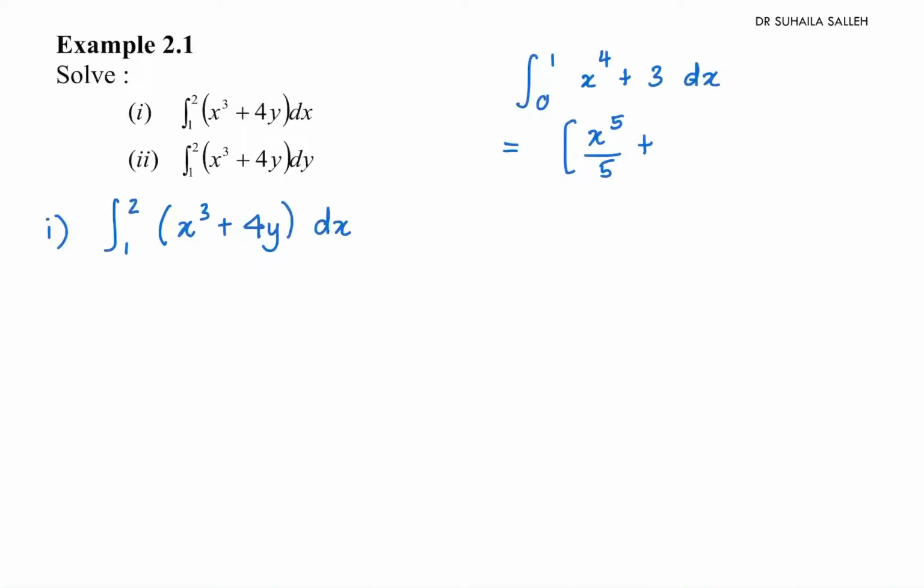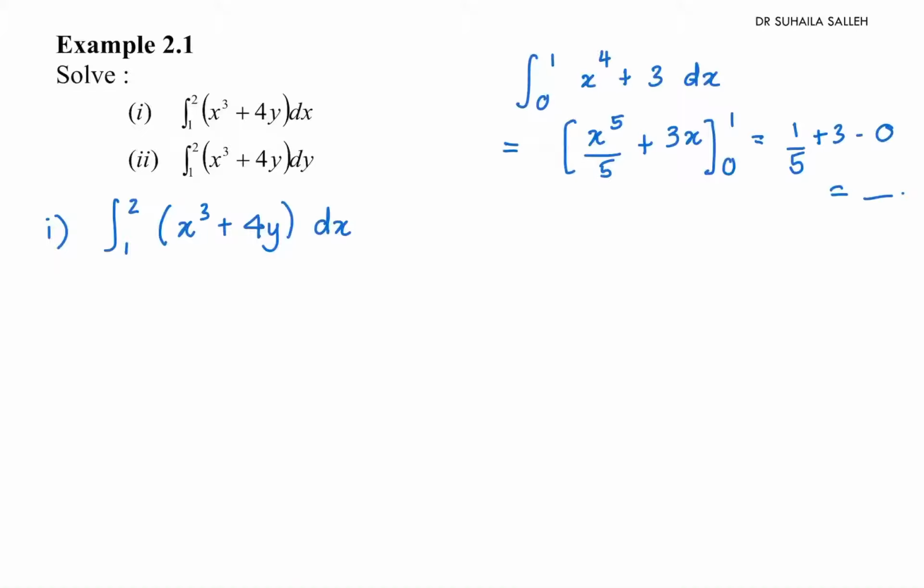Since it's a constant, we add one variable. So 3 times x between 0 and 1. So we find the answer here. That will be equal to 1 over 5 plus 3, take away 0.